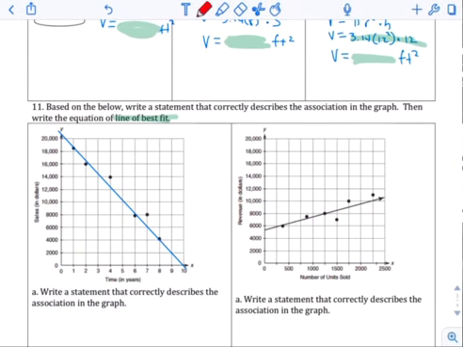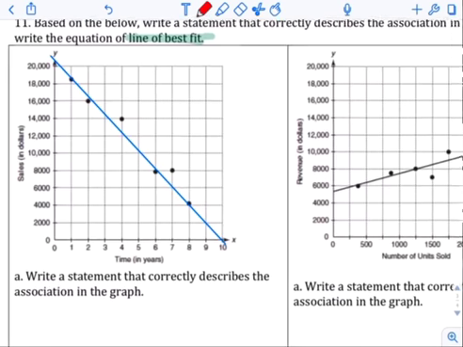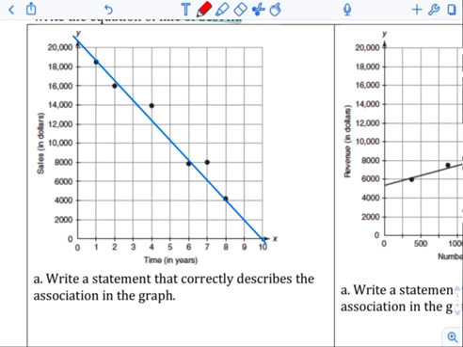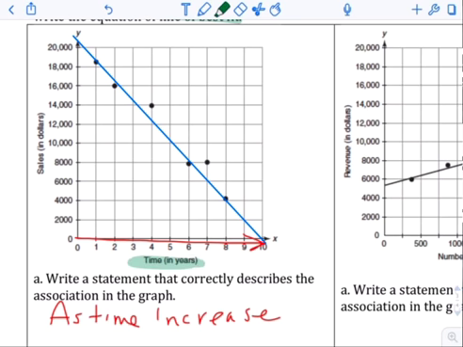Okay, so let's see. Write a statement that correctly describes the graph. Well, as time increases, what happens to sales in dollars?